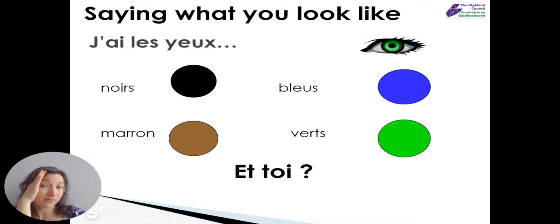J'ai les yeux marrons. Oui ou non. And then a different learner can come up. With older children, the children could be the teacher and say the French. And again, if you've got pictures, the children can bring pictures in, and do that activity in groups or in pairs. Or if you've got puppets or dolls, you can do it with puppets or dolls.